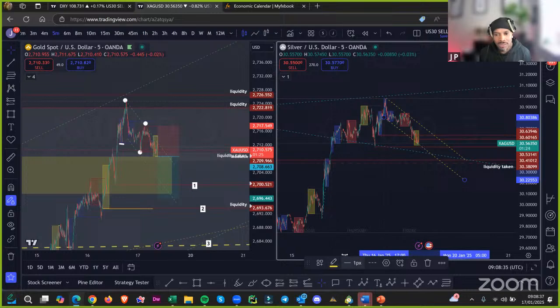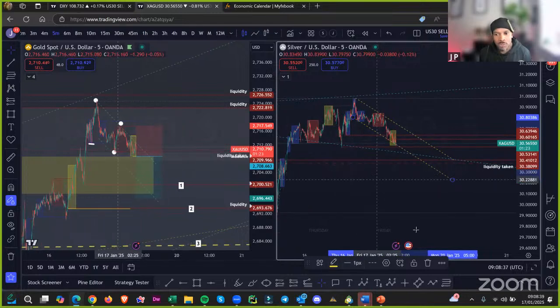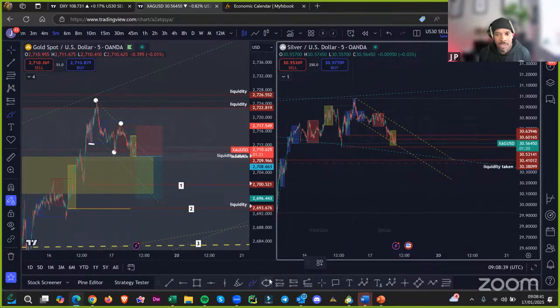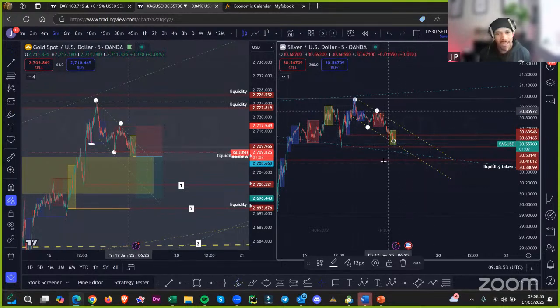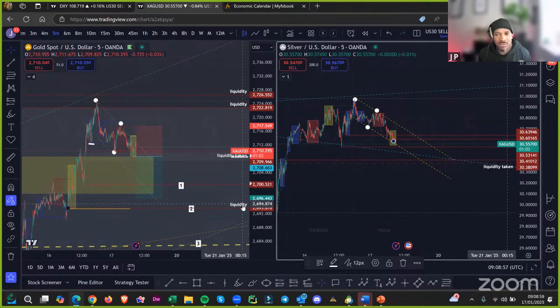I've got to make a decision about where my swing high is. The easiest way I do that is by identifying some dots: a high, a low, a high-ish, a low. If I take a trade in silver, I need to place my stop above the swing high. It's a little bit closer in gold, but that's the gist of it.